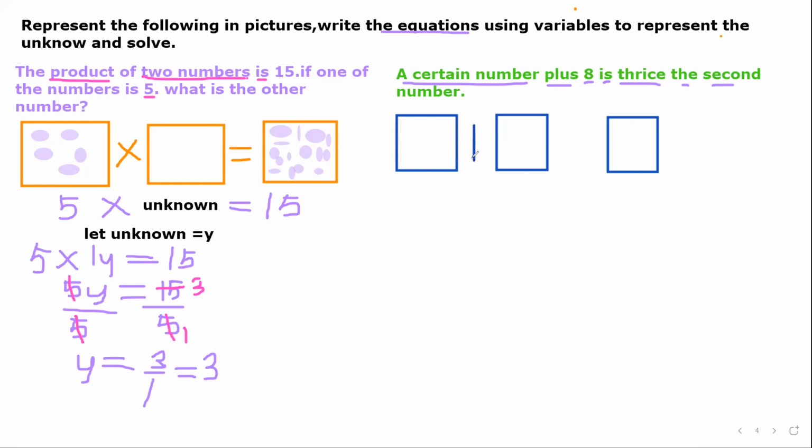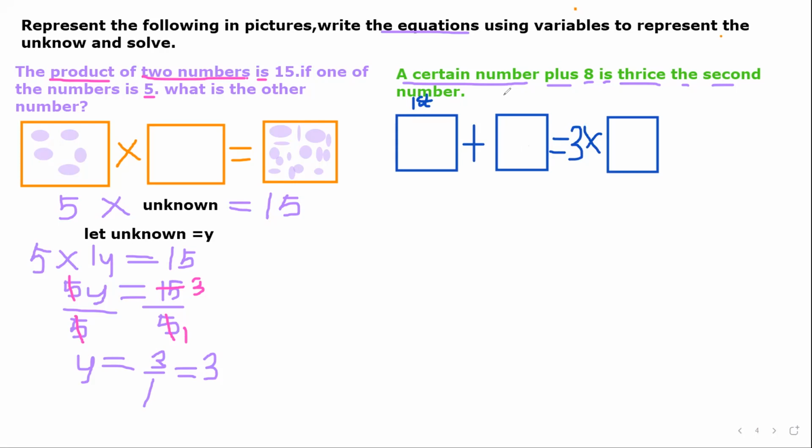Now, a certain number plus 8. The result here is thrice. Thrice means 3 times. Okay, 3 times the second number. And here, let's assume that this number happens to be the first number. The certain number will be the first number, and then plus 8.